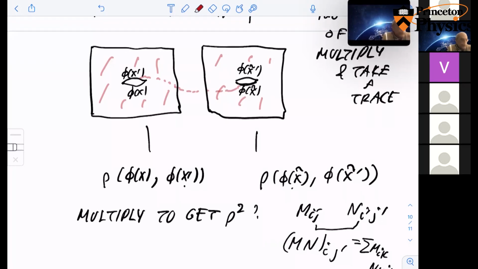If we glue this upper boundary to this lower boundary, that'll be the quantum field theory analog of setting the second index of M equal to the first index of N and summing. So gluing them together means constraining phi_x prime to equal phi_x tilde. And summing means we then just do a path integral over phi, over that value.